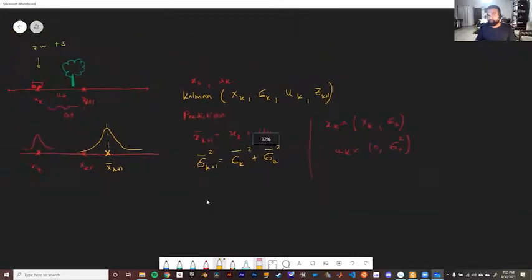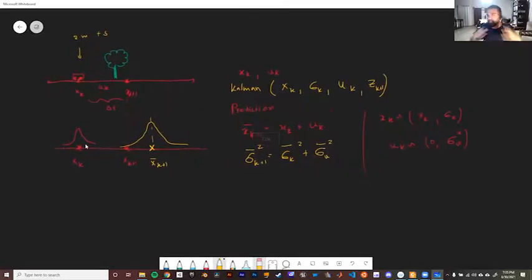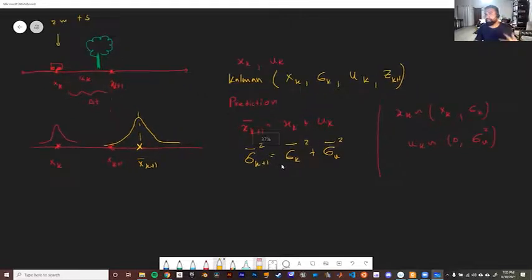So if I take this prediction step, what is happening? If you started with xk, what's going to happen to its noise? Can someone tell me? Is it getting worse or getting better? When we move forward in this motion, right, and make this prediction using this motion model, is my estimate of my location getting worse or better?